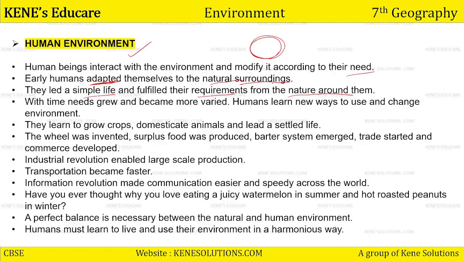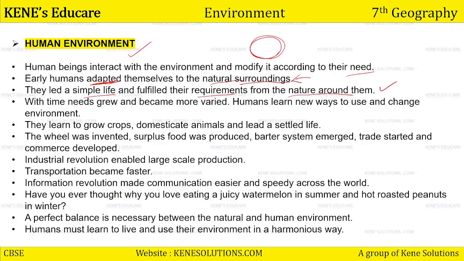They lived according to the natural surroundings. They did not modify that much. They did not say that I will live my life my own way and I will destroy the natural surroundings. No, they led a very simple life and they fulfilled their requirement from the nature around them. Whatever nature gave them, they used it and they never deteriorated it. Okay, there was no exploitation of natural resources by early humans.